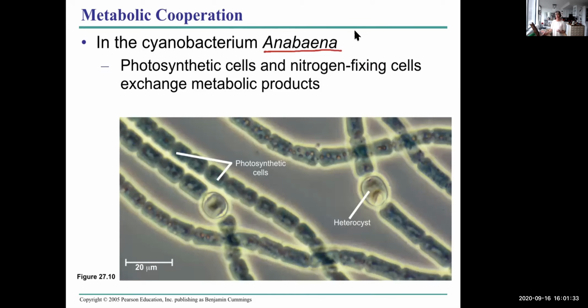It has photosynthetic cells and nitrogen-fixing cells. The nitrogen-fixing cells can take atmospheric nitrogen and convert it for the rest of the cells in the colony. The photosynthetic cells produce sugar via photosynthesis, and they can share it with the nitrogen-fixing cells. So that's one of the first incidences of cooperation between cells living in a colony. This is like a filamentous kind of colony of cells.